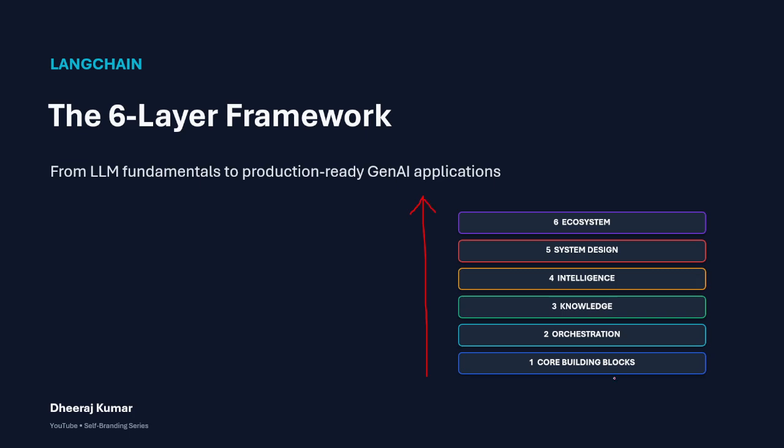The first one is the core building block. Then we go for orchestration, then knowledge, then the intelligence layer, then system design, and the last one is the ecosystem. So we will go one by one.